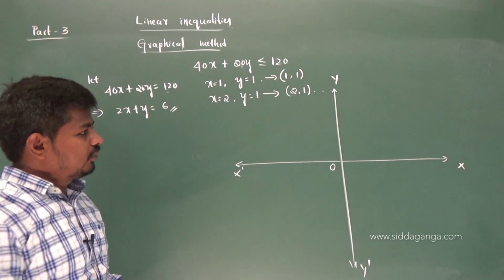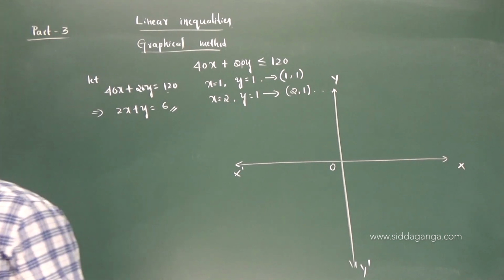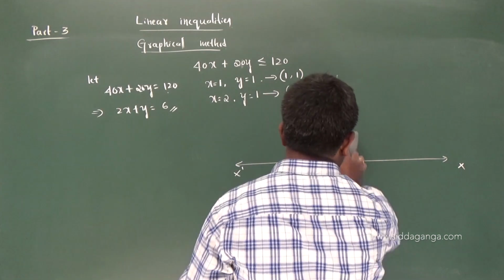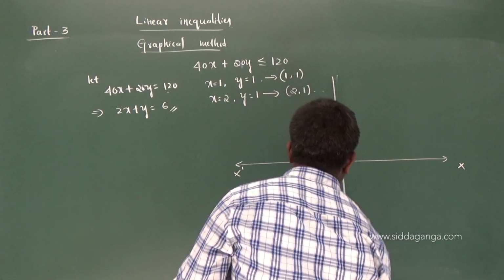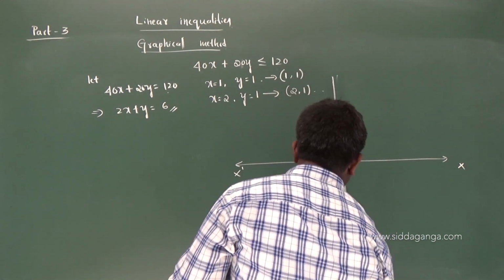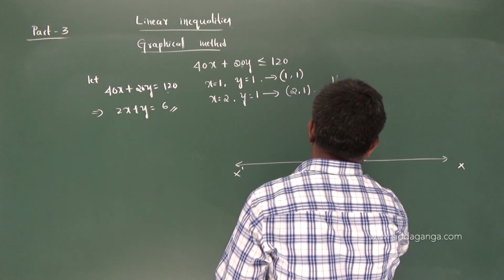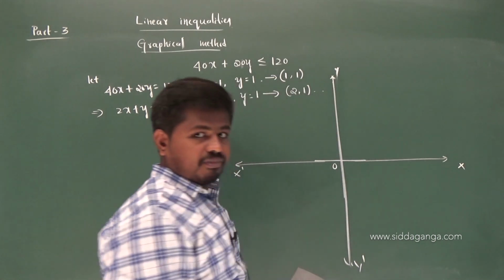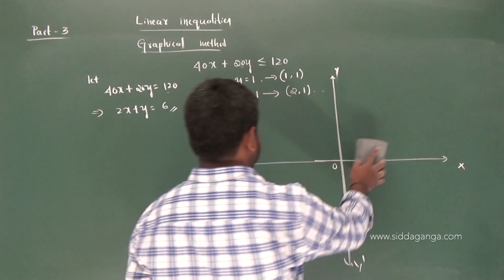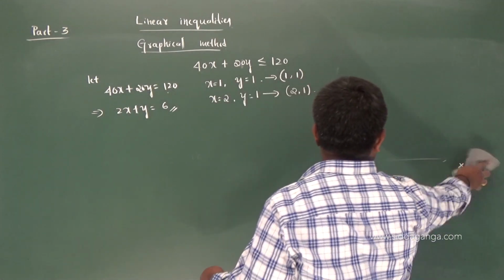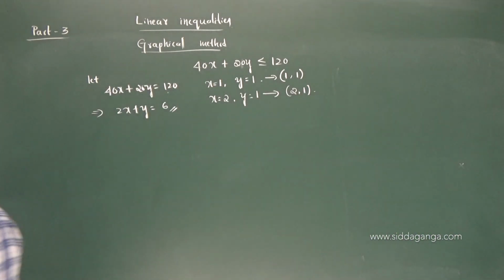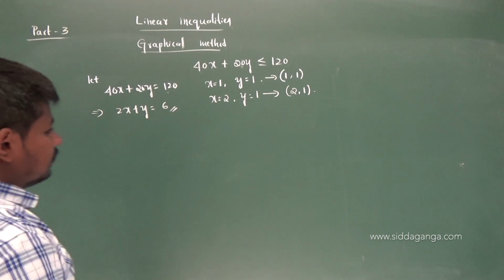So first you have to consider a line from the given inequality, whatever it may be, strict inequality or slack inequality.